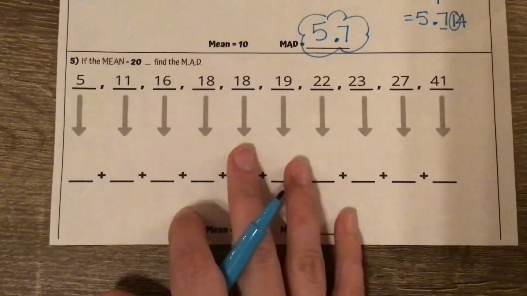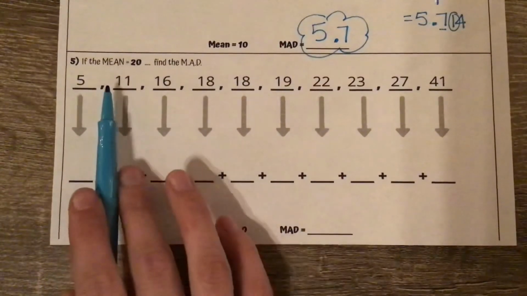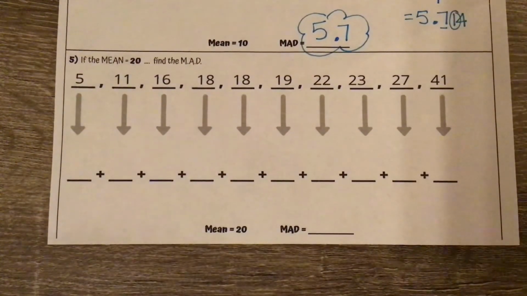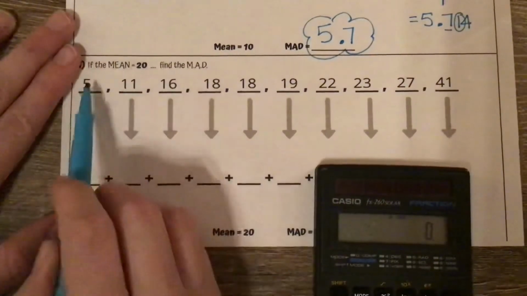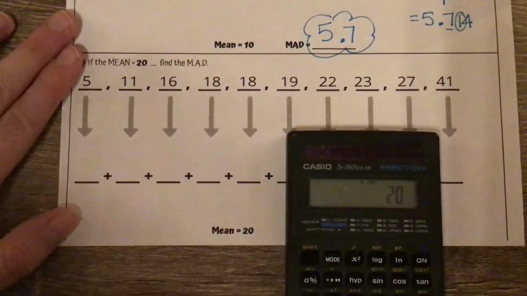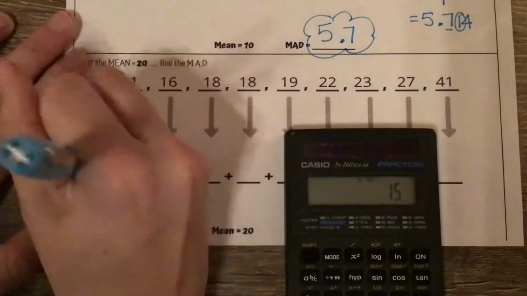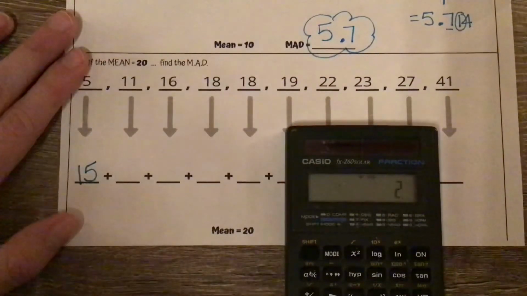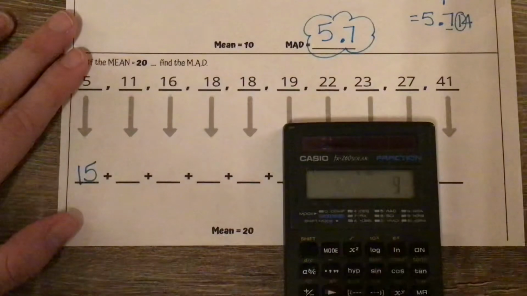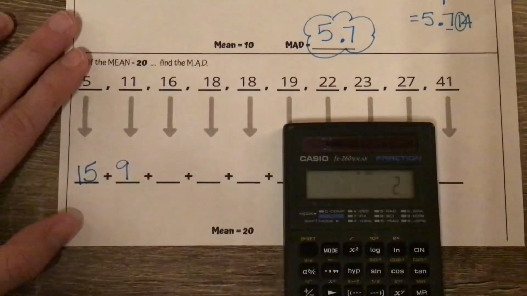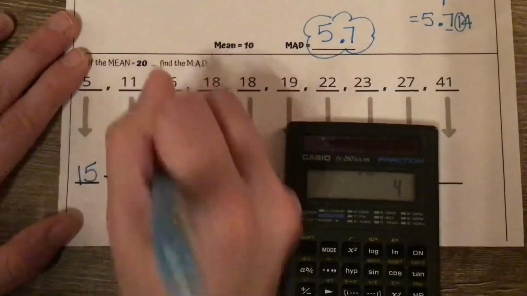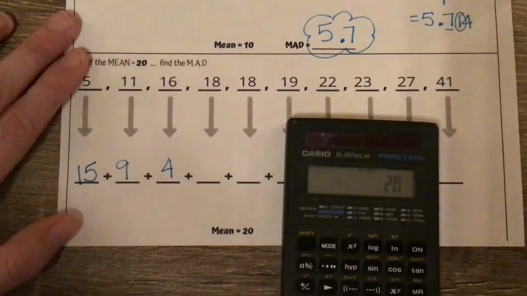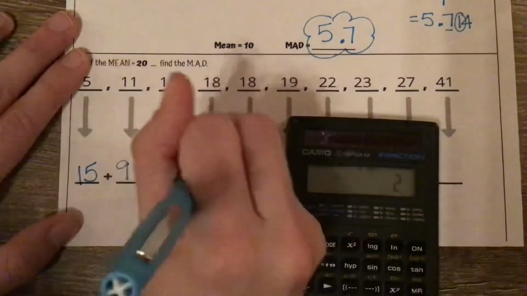All right, last one. Find the MAD if the mean is 20. So we are subtracting. 20 minus 5 is 15. 20 minus 11 is 9. 20 minus 16 is 4. 20 minus 18 is 2.